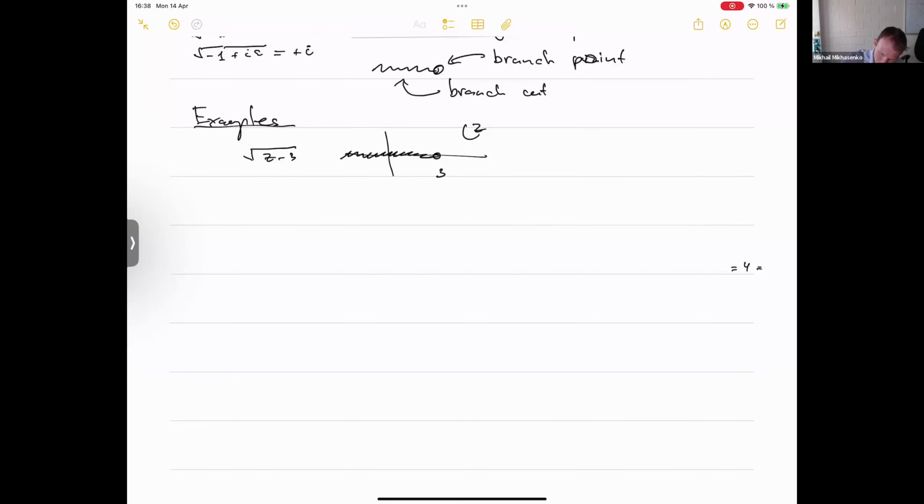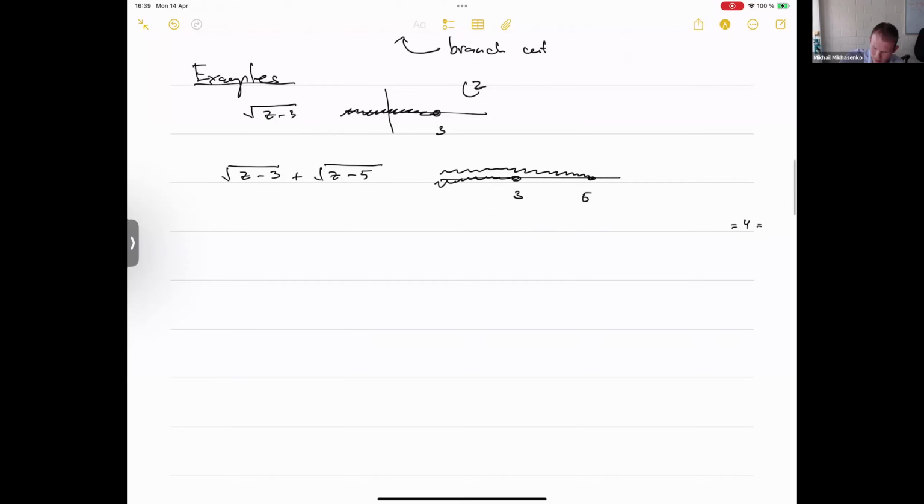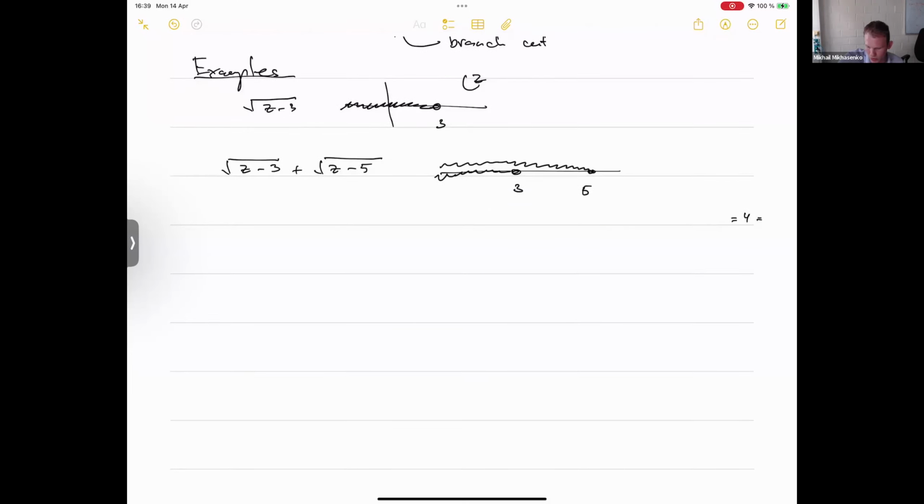The function square root of z minus 3 times square root of z minus 5 has 2 branch points, one at 3, another one at 5, and then there are 2 cuts, and there is a place where the 2 cuts cross.